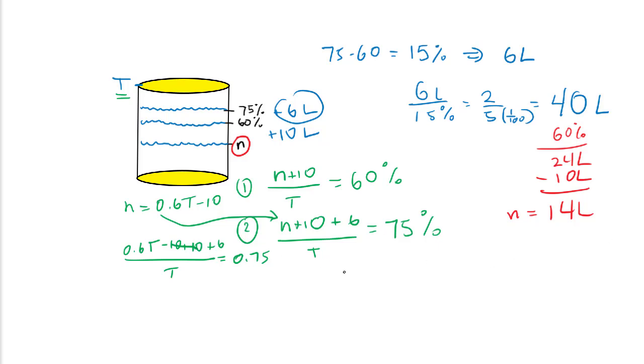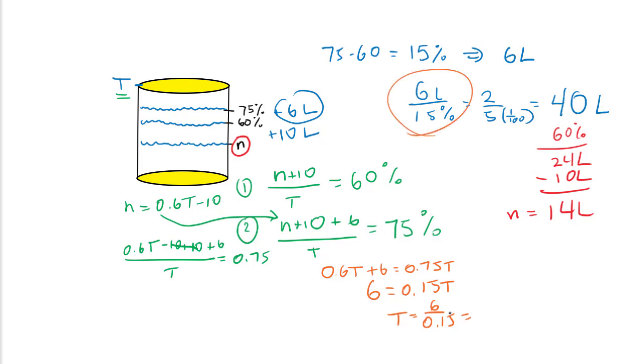What I'll get down below here is 0.6 T plus 6 equals 0.75 T, or subtract 0.6 T from both sides. 6 equals 0.15 T, and we know T equals 6 divided by 0.15, which is the exact same setup we had right up here. And the answer is going to be T is 40 liters in total.